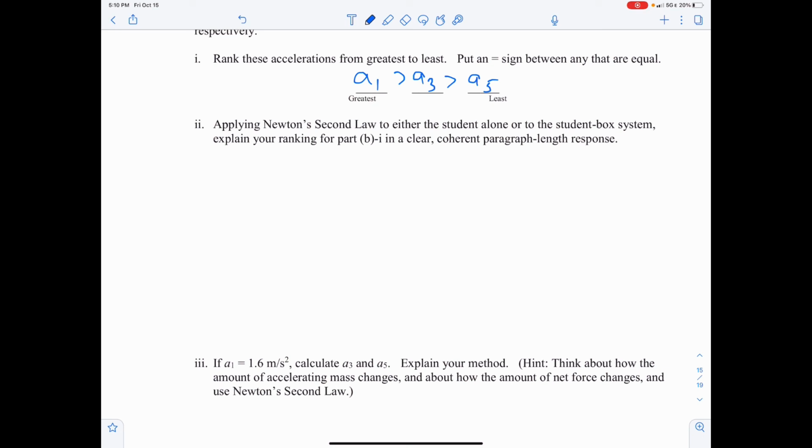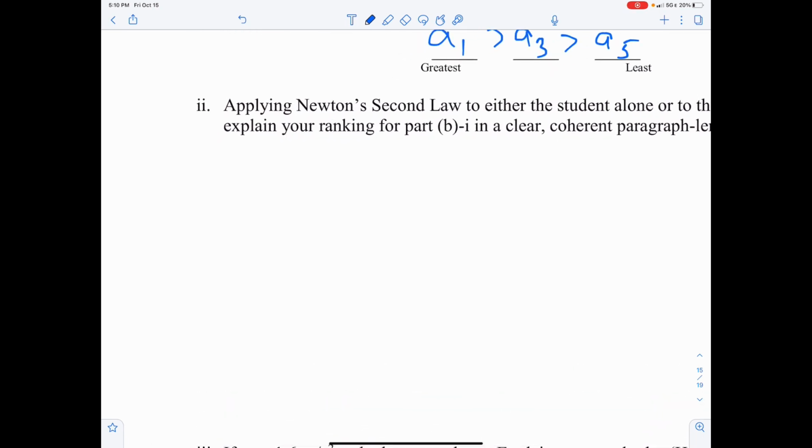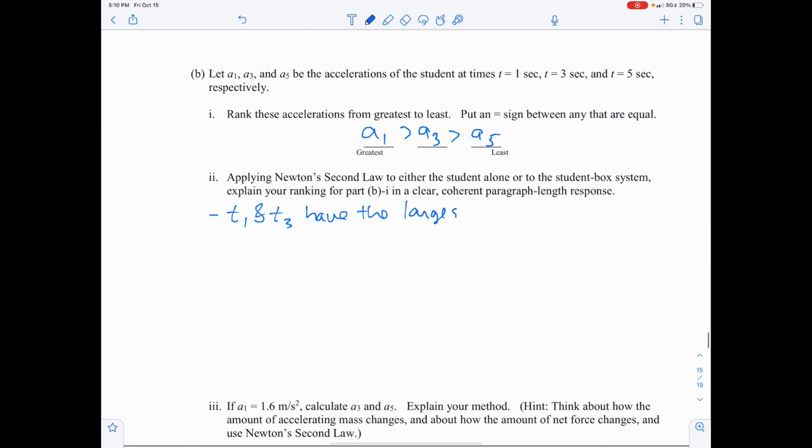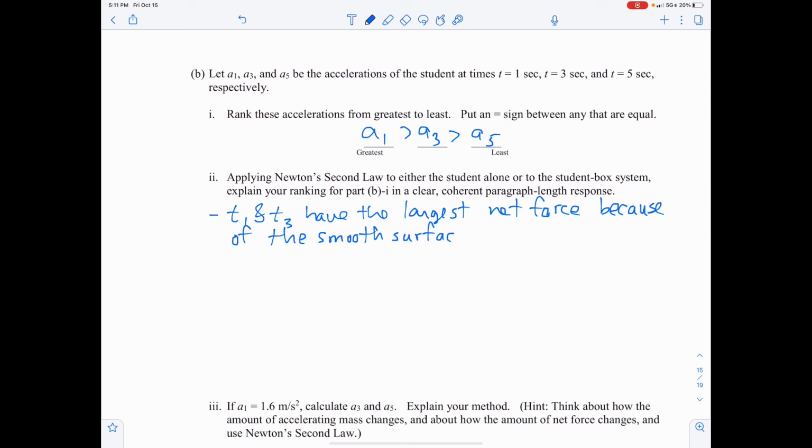Okay, so what we can say is that times T1 and T3 have the largest net force, because of the smooth surface. The smooth surface that the box is on.